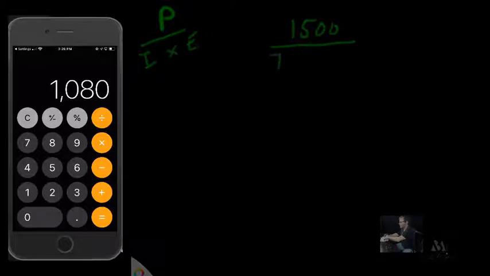We don't know the current, but we do know the voltage, and it's 120. So we're going to take 1,500 divided by 120, and we'll come up with our current. So 1,500 divided by 120 is going to give us 12.5 amps.